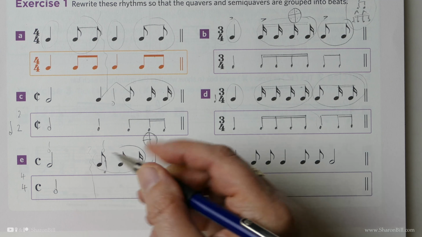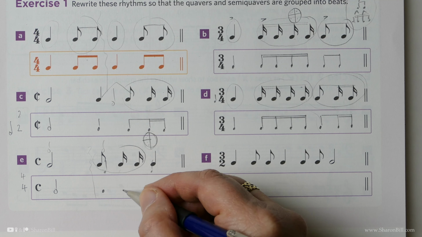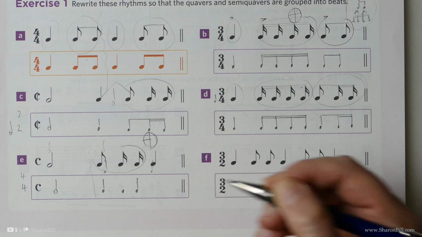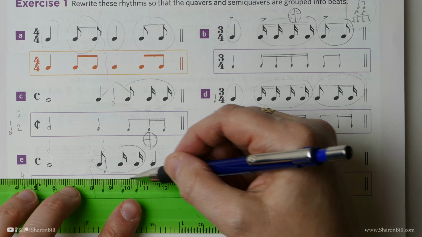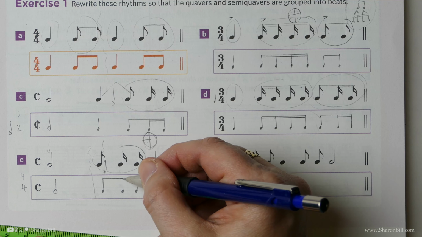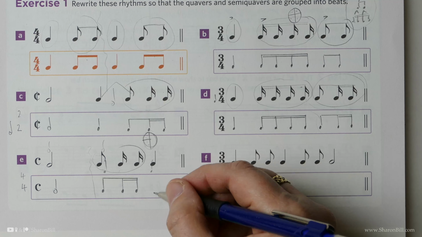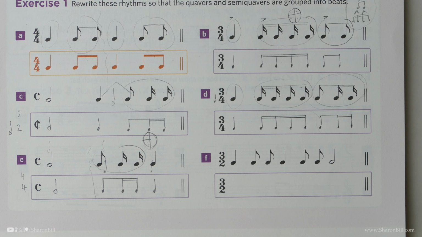So beats 1 and 2, here's beat 3. Just beam those together, and then we've got quaver 2 semi, so a second beam goes there, and then there's our final crotchet beat. That's that one.